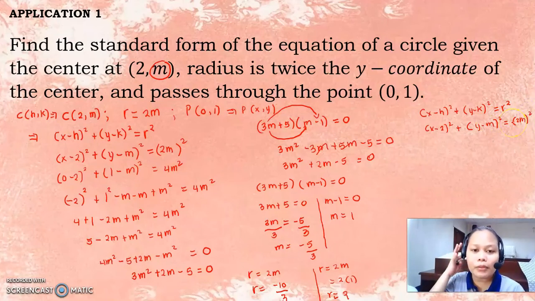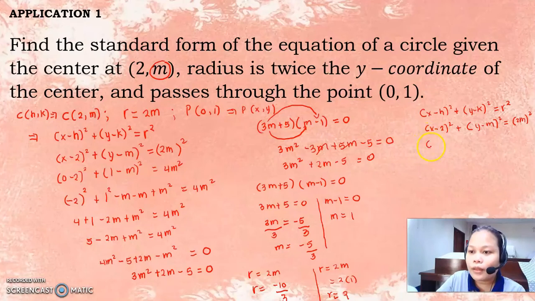So since we are able to find our values of m, we have here negative 5 over 3 and m is equal to 1. Since our radius here is always positive, we are going to use m is equal to 1.